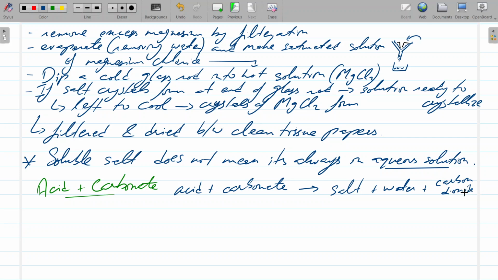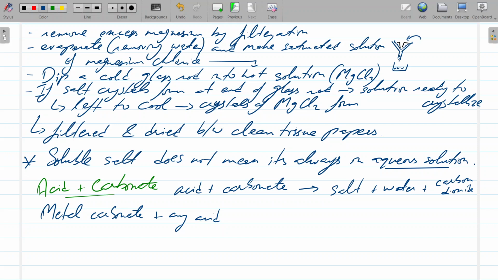And carbon dioxide, obviously, gas. Right, so you can use this method. You can use a metal carbonate plus any acid, right? And the salt that you will get is a soluble salt, right?